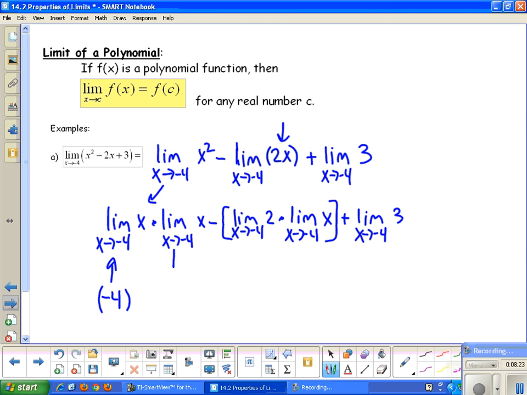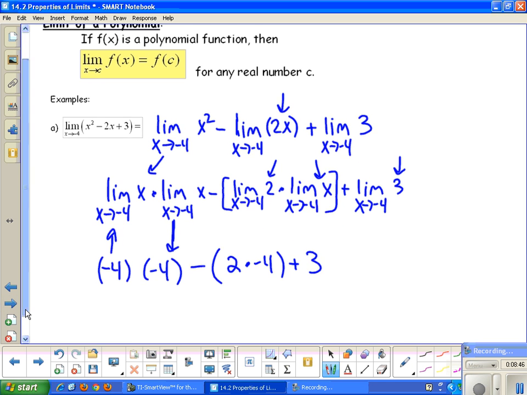And we're multiplying it by this limit right here, so that would also be -4. And then we're subtracting from it the limit of a constant, which would be the constant, in this case 2. And here we have the limit of x, which would just be times -4. And then the limit of a constant is just that constant, so plus 3.